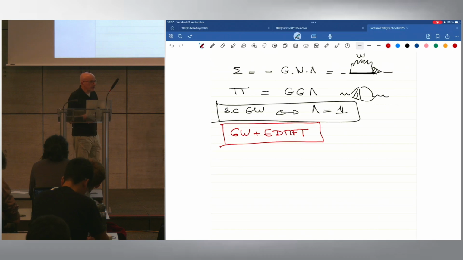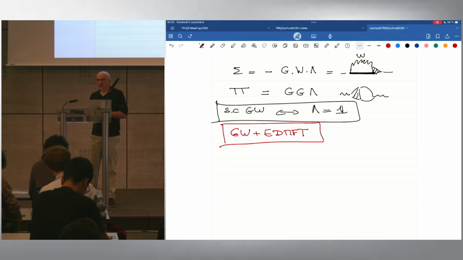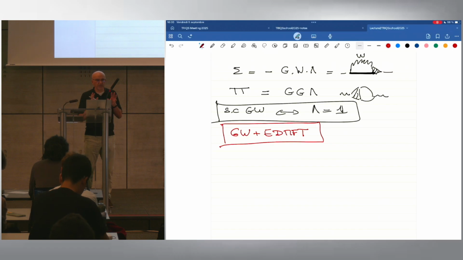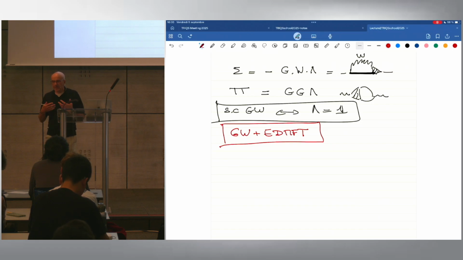So you see that when we do that, in contrast to DFT plus DMFT, we have married together two theories that really come from the same universe. They are both formulated in terms of many-body theory based on Green's functions.